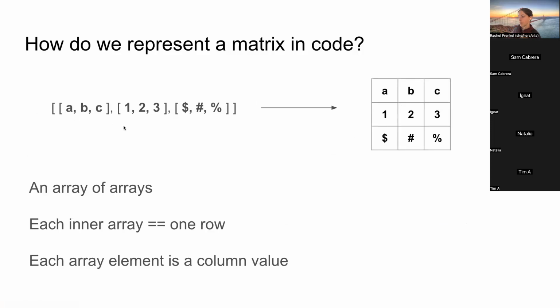So you could have drawn this out with, where's my little annotator? Yeah, you could draw it out like this, and then here's your first array, your second array, and your third.